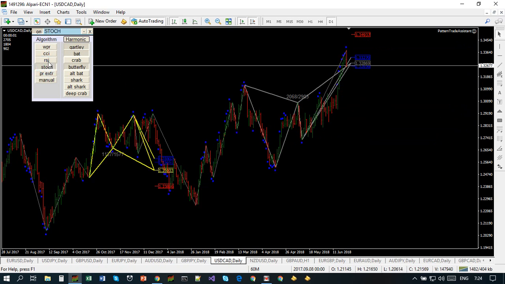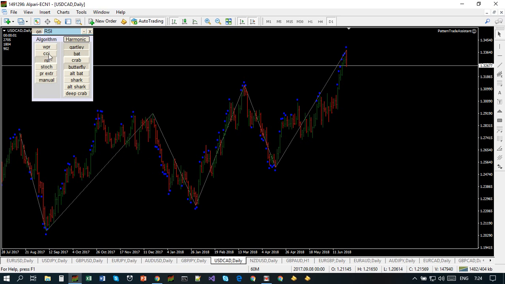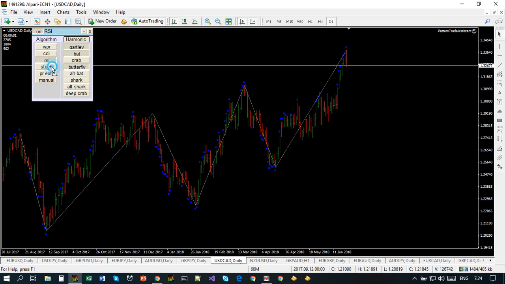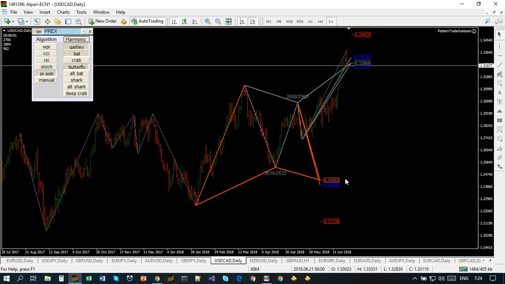Okay, pretty obvious for other algorithms except RSI. You can see 4 out of 5 algorithms support this view, and this is the situation I like most, when not only the algorithms coincide and see the pattern, but also the two approaches coincide and show the same patterns.